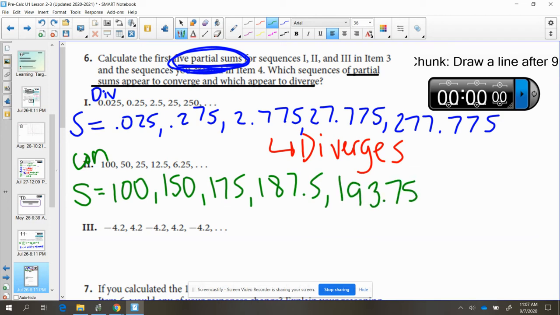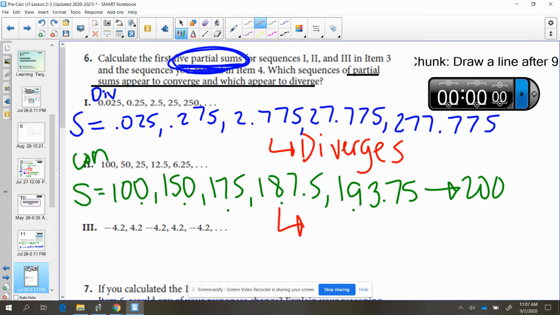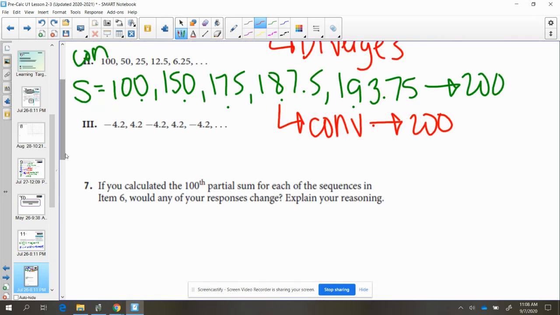What we're noticing is while this is getting bigger as we move down the line, they're getting bigger much slower so that it seems to be approaching 200. We're getting really close to approaching that. So this is also going to converge, but in this case, it's going to converge towards 200, okay?